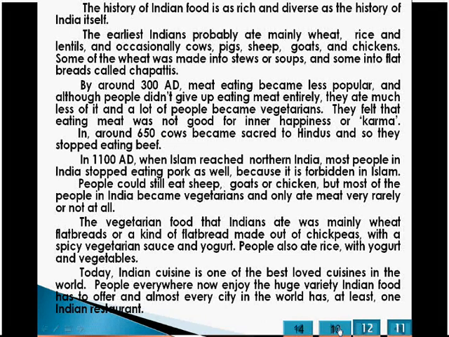No, it's not Islam reached northern India, because this happened in year 1100. Yeah, now you are correct. It's cows became sacred to Hindus.